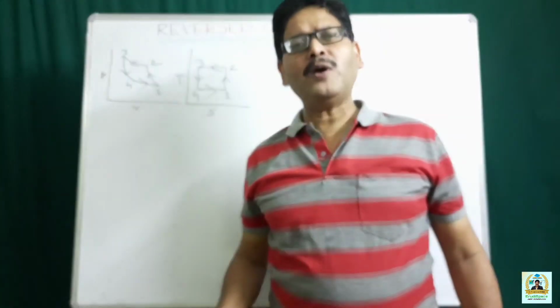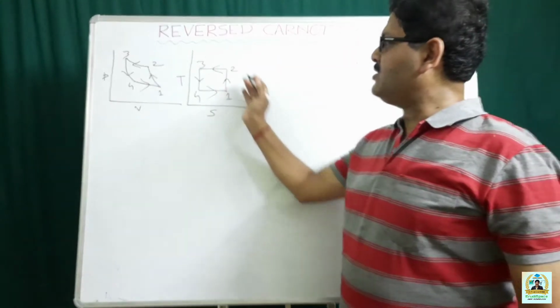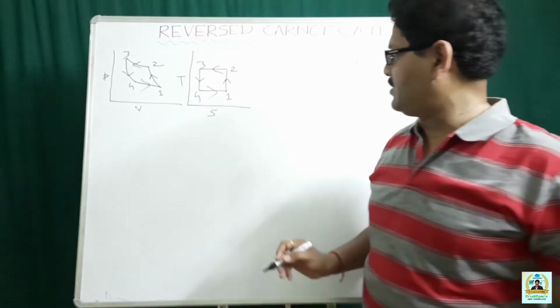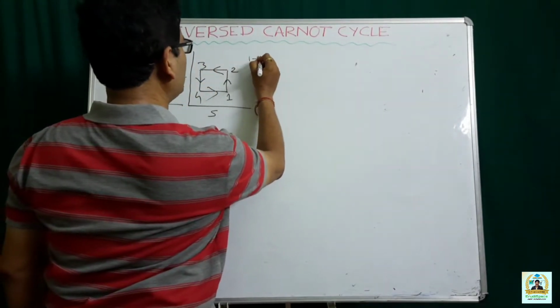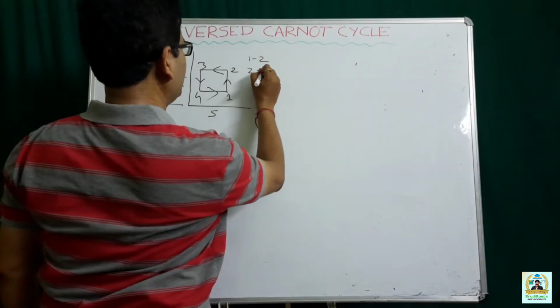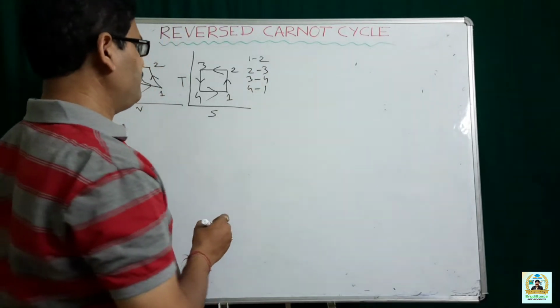The same is true about the Carnot cycle also, but here it is just carried out in the reverse direction. So the processes are 1-2, 2-3, 3-4 and 4-1.